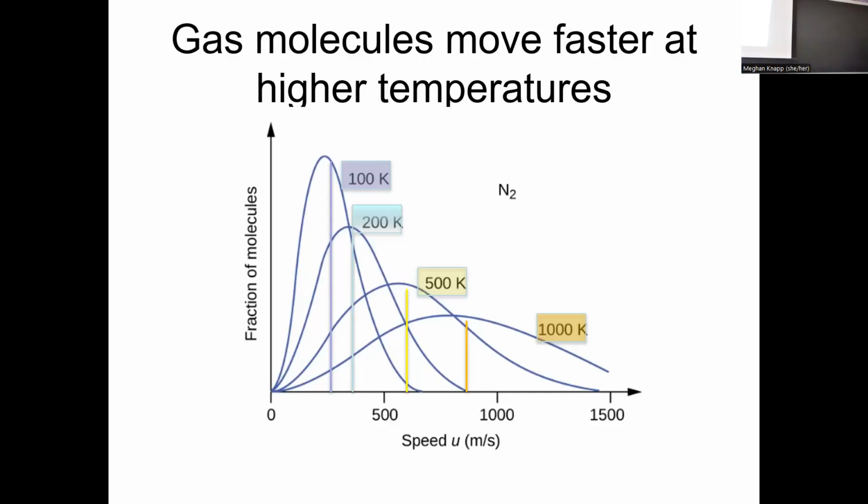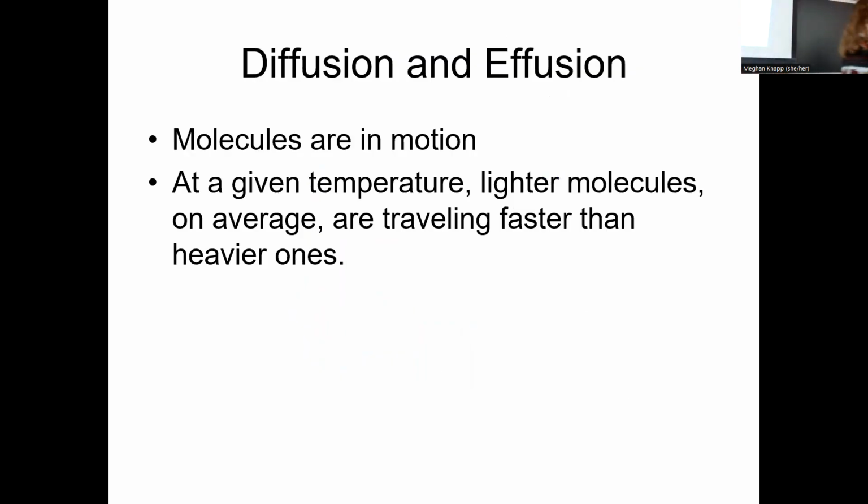So since we know faster means higher temperatures, keep that in mind when we switch to looking at different molecules, because we're still going to be looking at the bottom of this graph and seeing where those peaks hit the bottom.